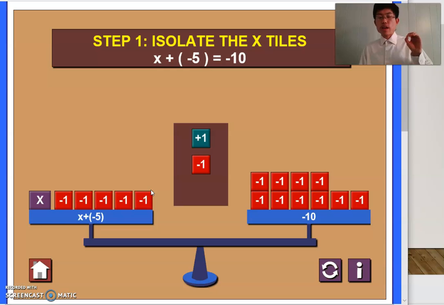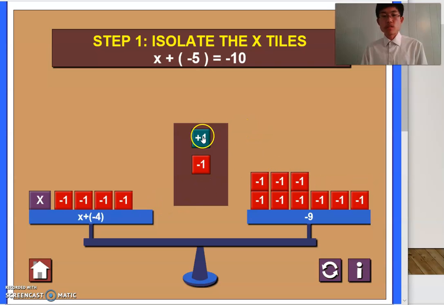If you add 0 or subtract 0, that does nothing to it. So I'm going to delete all these -1s, the 5 -1s, by adding the 1. Notice that I did it on both sides, by the way. Like I said, you have to do this on both sides.